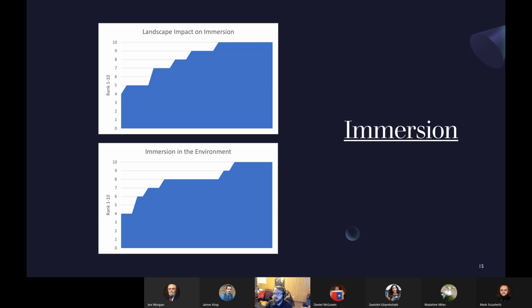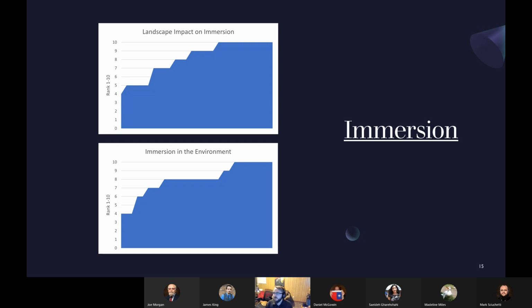So I hypothesize that the physical features play a significant role in a player's immersion in video game environments, and the bottom graph shows how immersed they felt in the environment, meaning the video game overall, to further accredit this hypothesis.